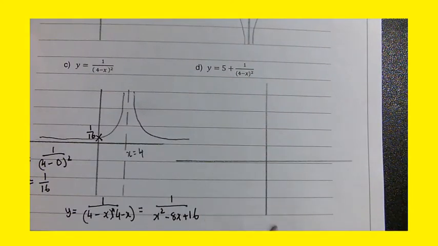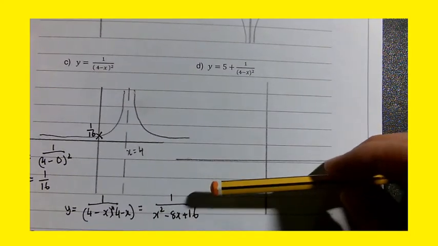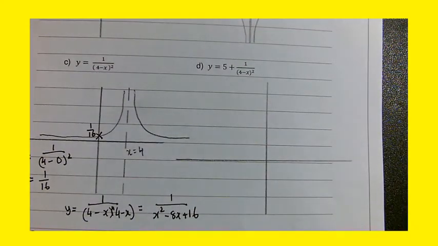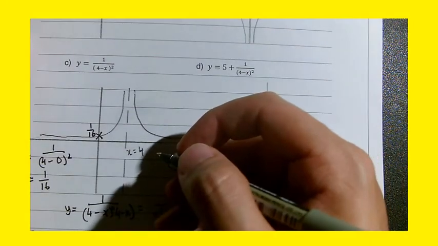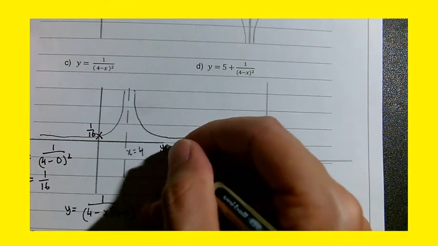Now if you remember, adding 5, the y values will go up by 5. So let's just also add one thing here. The asymptote horizontally is still y equals 0.